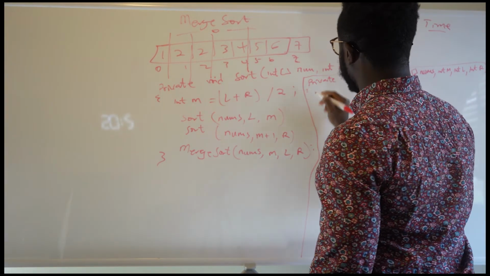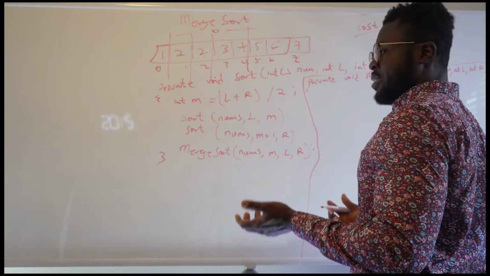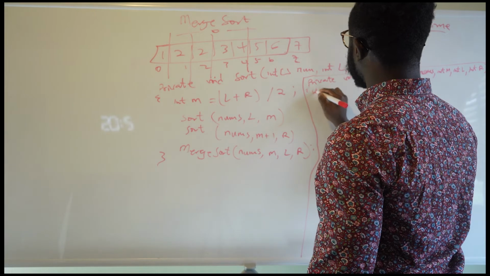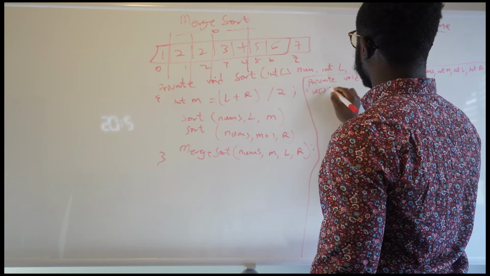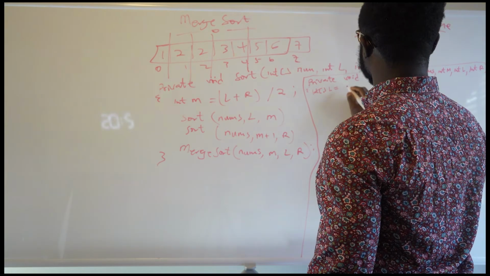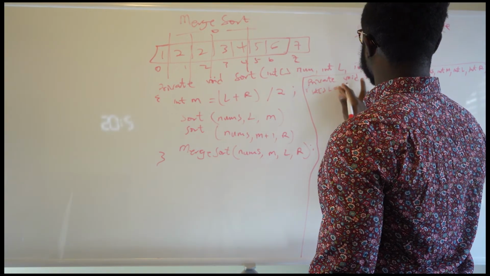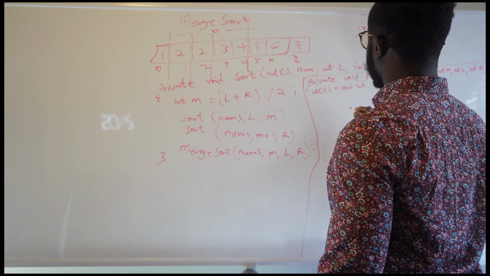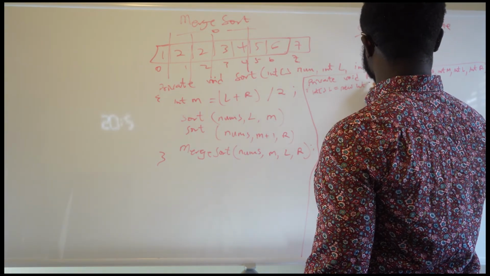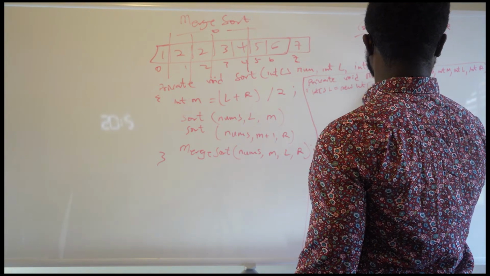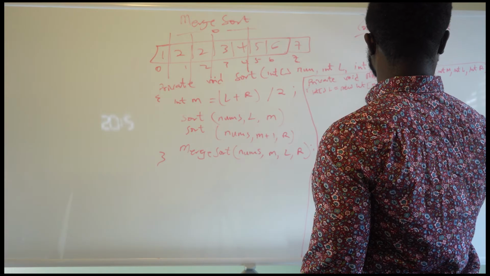The first thing we are going to do is create an array L, which is a new int array of size m minus L plus 1.